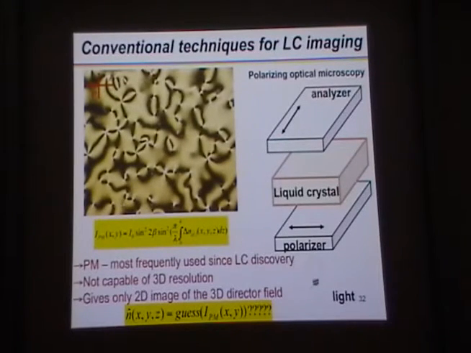However, if you know the orientation of the optical axis, it's easy to calculate what pattern of intensity you will have in such an image. But it's more difficult to do a reverse analysis and be able to deduce the orientation of the optical axis from an image like this, right?